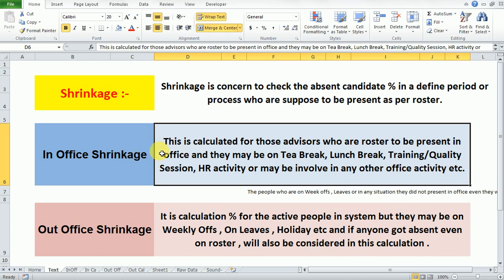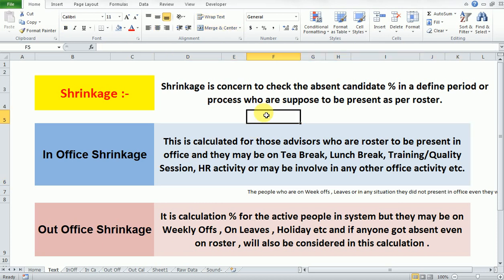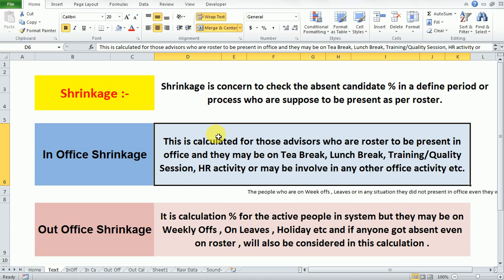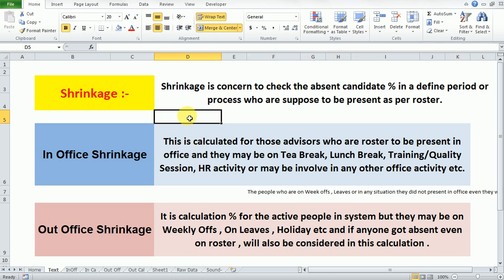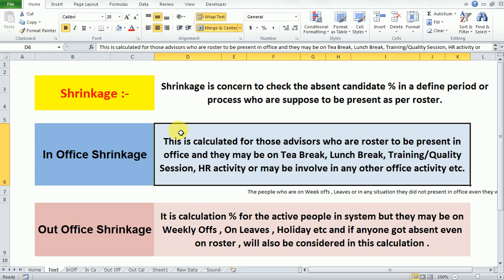It means we have called the people to be present in office and they are in office, but as per real-time requirement they are not able to take our services, they are not ready to do work. So it is calculated under in-office shrinkage.